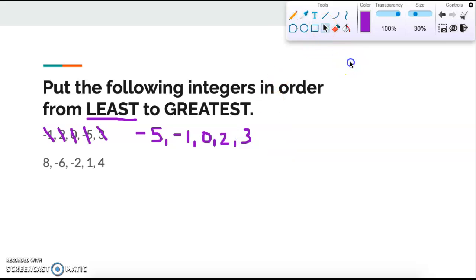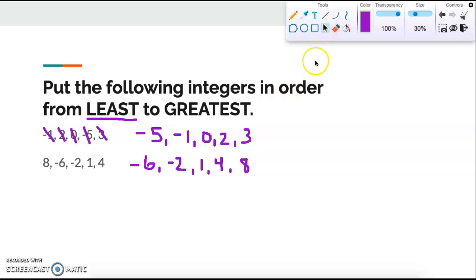Okay, why don't you try this next one? 8, -6, -2, 1, and 4. Go ahead, put those in order on your own. This one should be -6 is the least, then -2, then 1, 4, and the largest is 8.